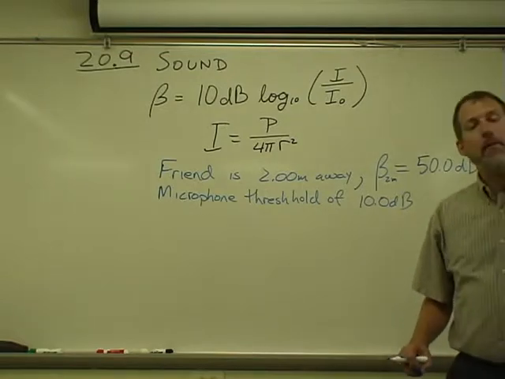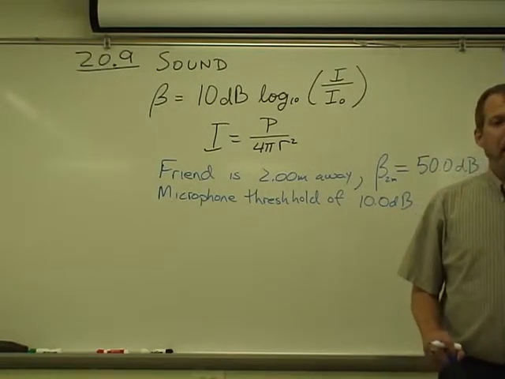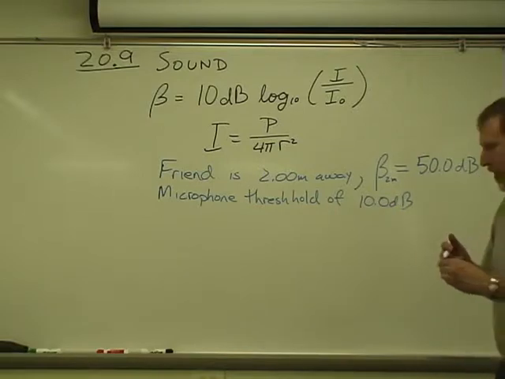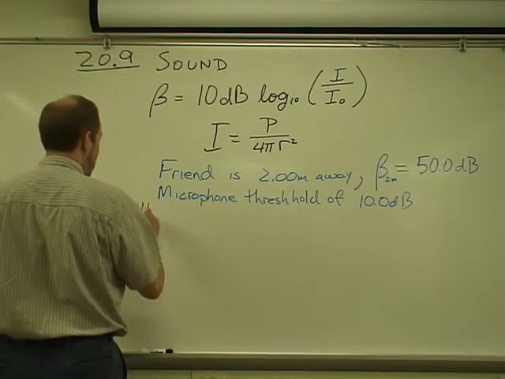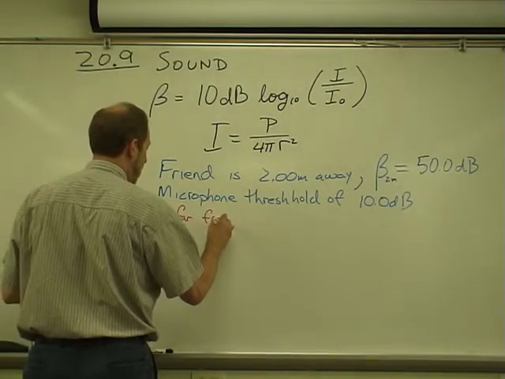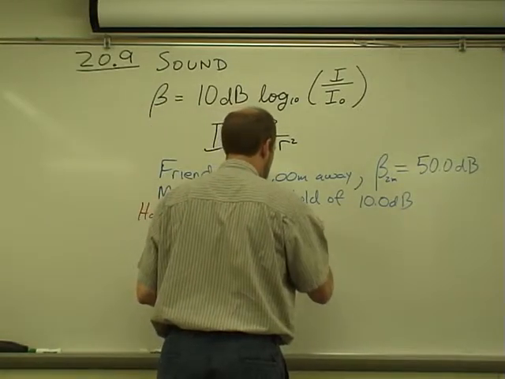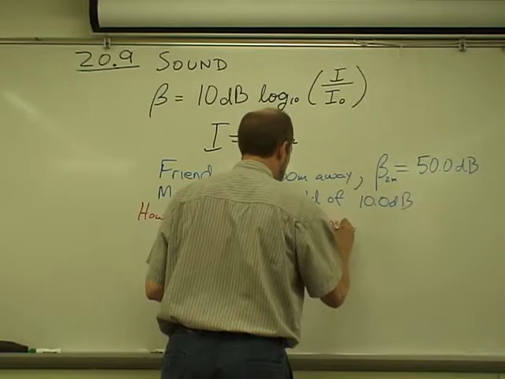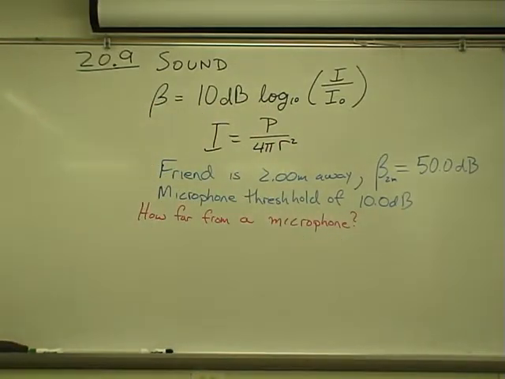Other people will find out what you're telling your friend. You do not want anybody to find that out. So the question is, how far away must you be from the microphone?